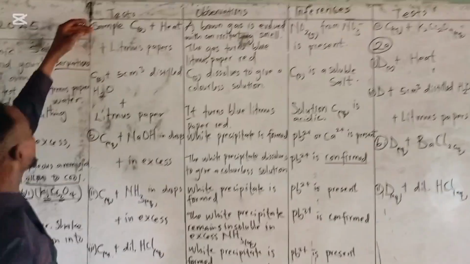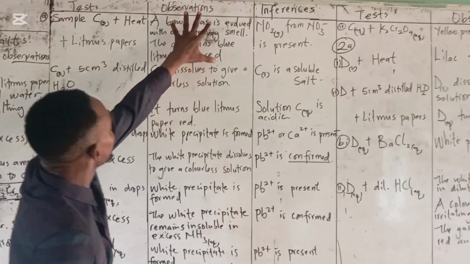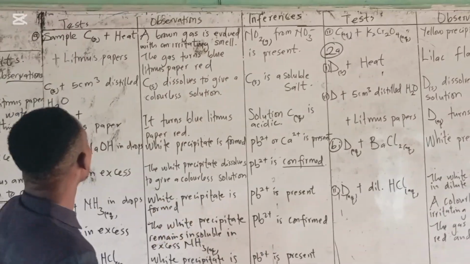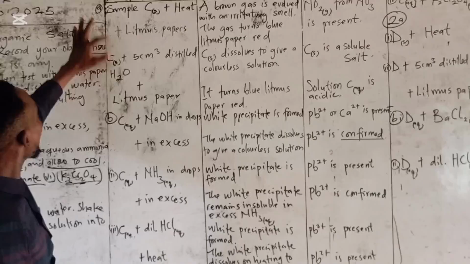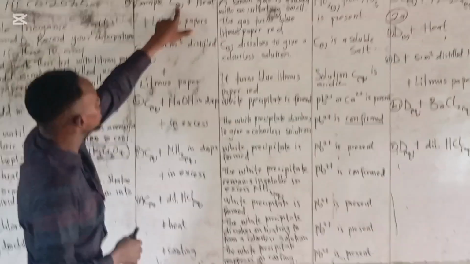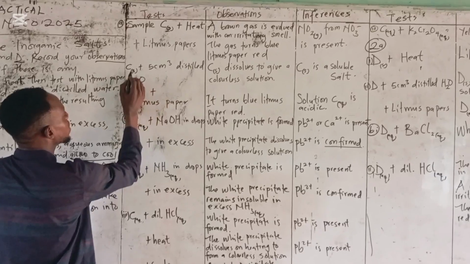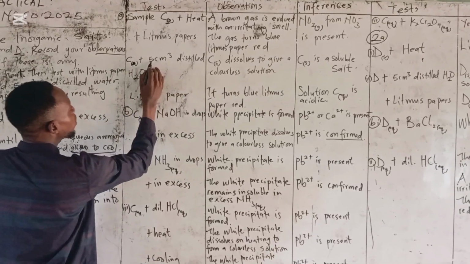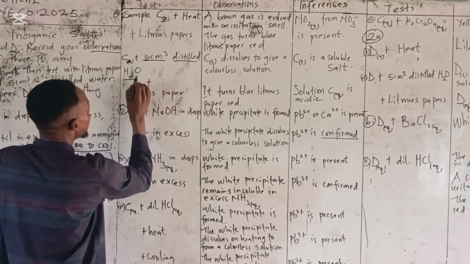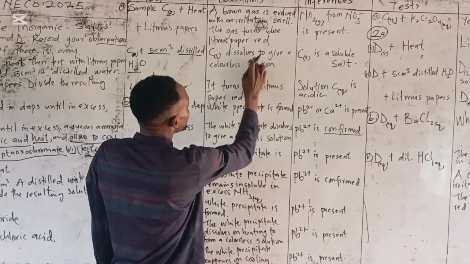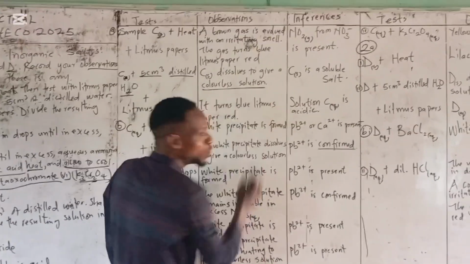Then let's see how we are going to report properly for this test. From number 1, we have a brown gas that is irritating, that evolved. Now, after dissolving this solid sample C in distilled water, sample C dissolves to give a colorless solution.